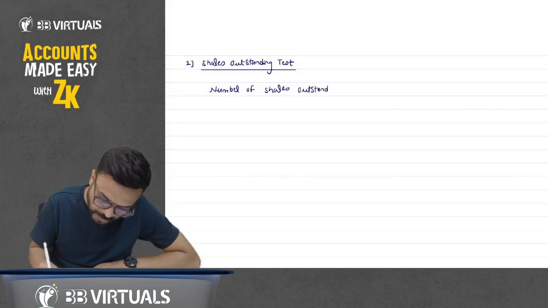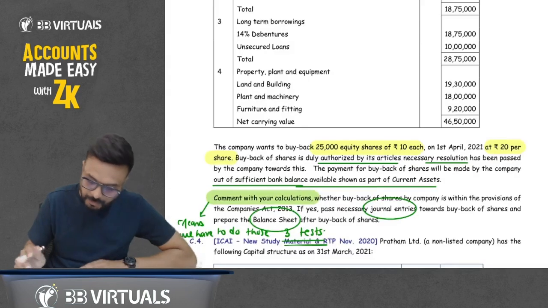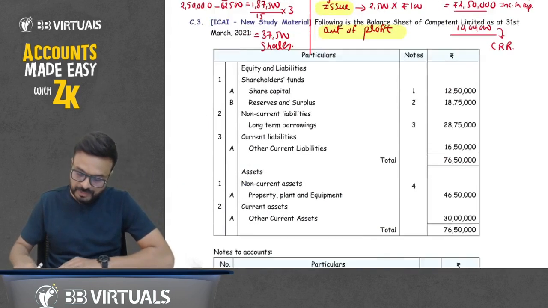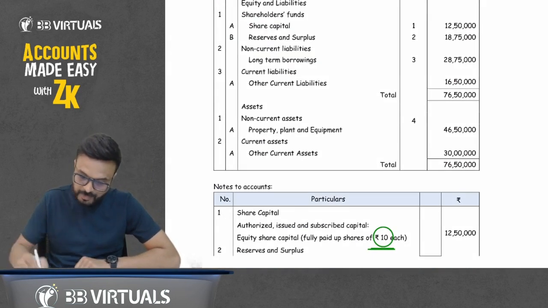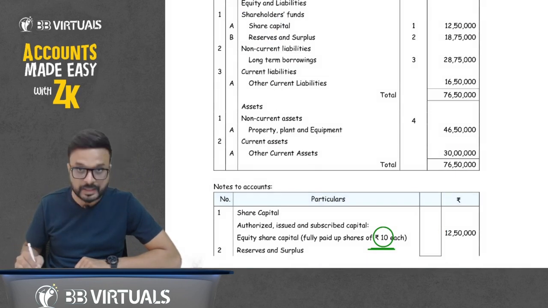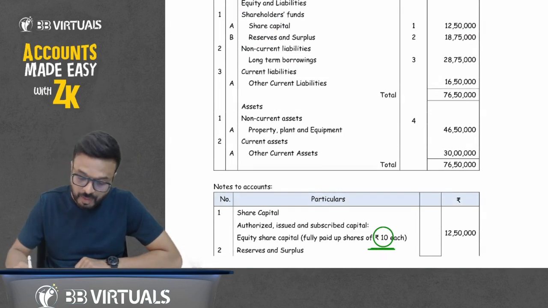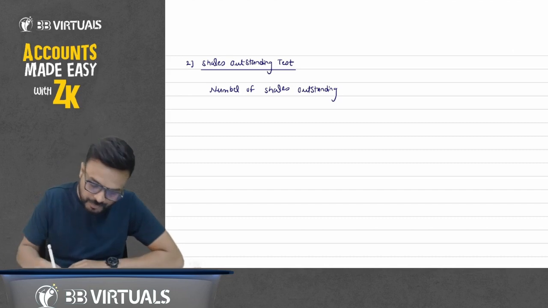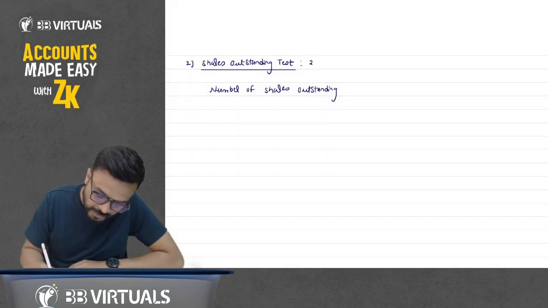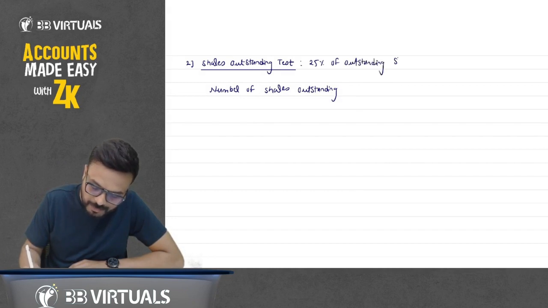The total amount of capital given in the question is 12,50,000, and each share is of rupees 10. So how many shares do they have? As per this condition, the maximum is 25% of outstanding shares.